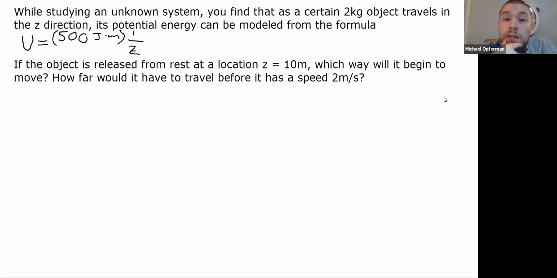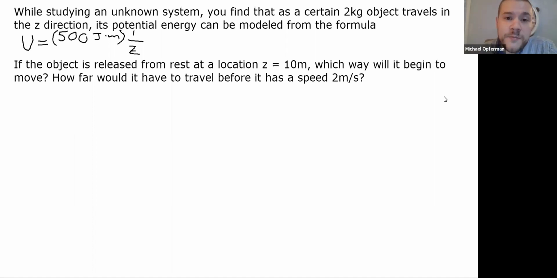imagine that maybe you're doing a lab, for instance, and you're studying some system. You have no idea what makes this system tick, but you have an object which is moving back and forth in the z direction. I don't know why I picked z, but let's say that it's moving in the z direction.